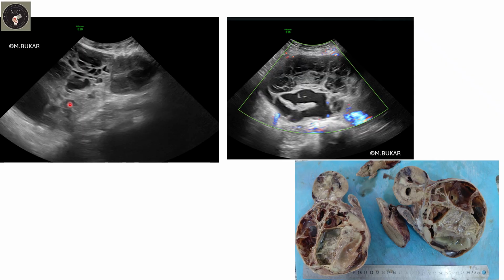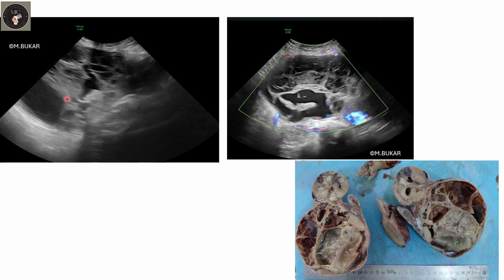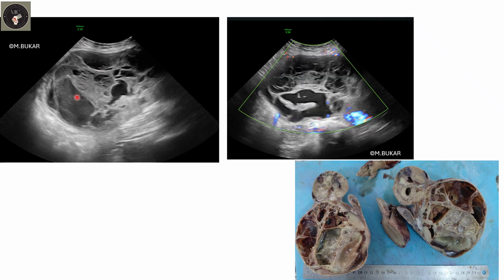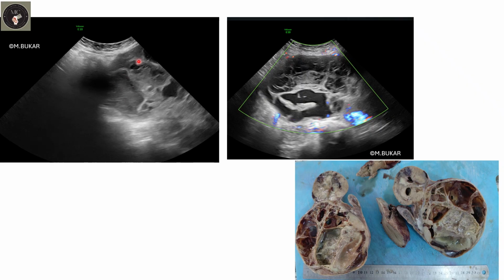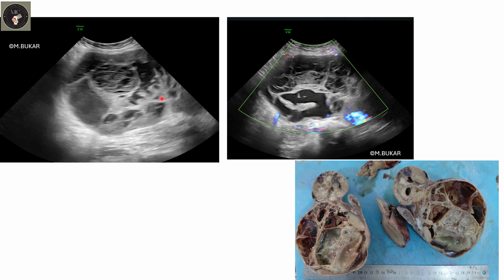So here my working diagnosis was adrenal cell tumor, ruled out mucinous tumor.